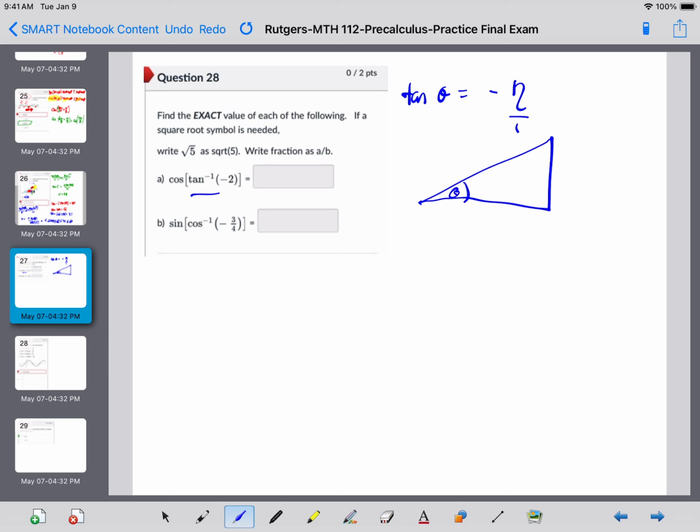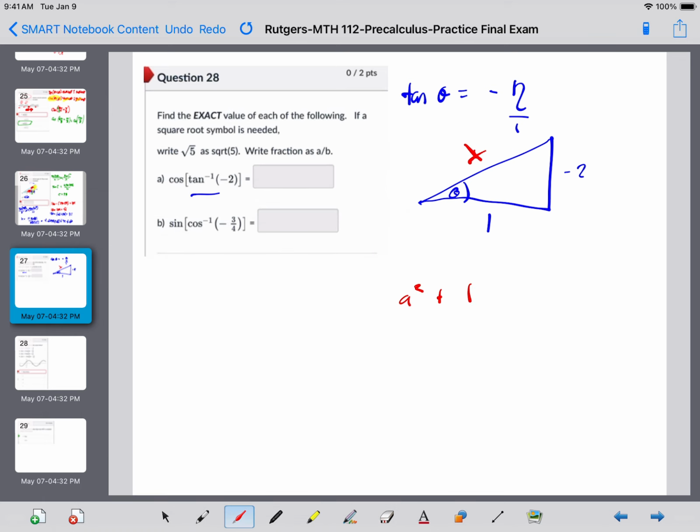Opposite will be, I mean, your opposite is -2. Your adjacent is 1. Oh, I see, that's why. Okay. So then we're going to solve for the missing length.